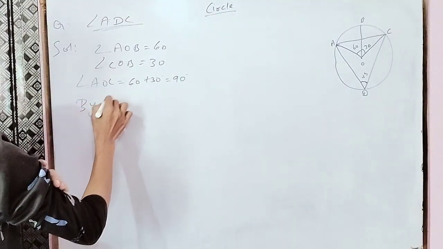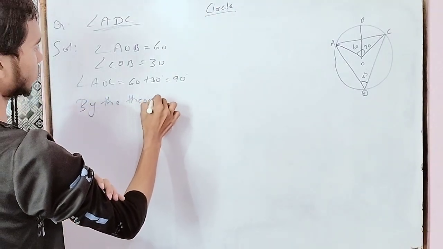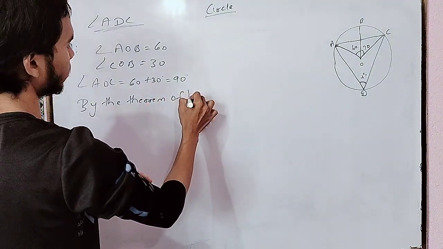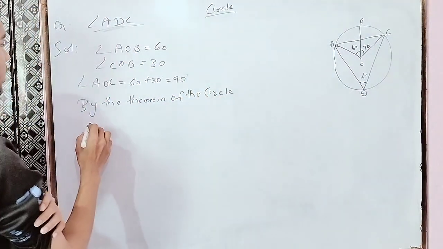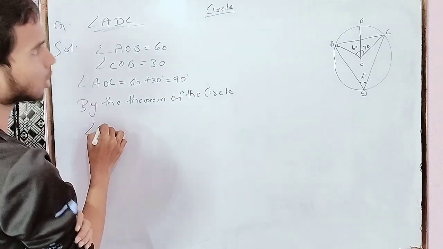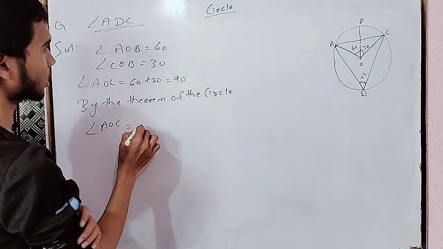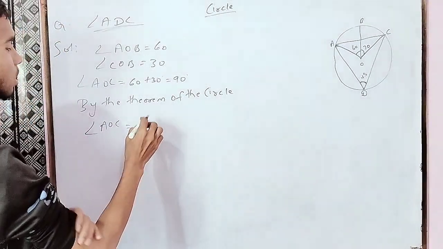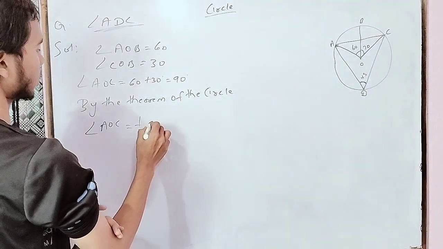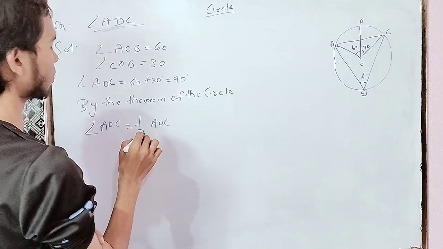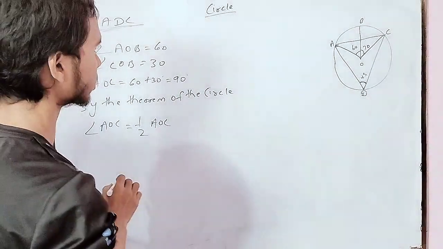So by the theorem of the circle, you can say this will become half of angle AOC.